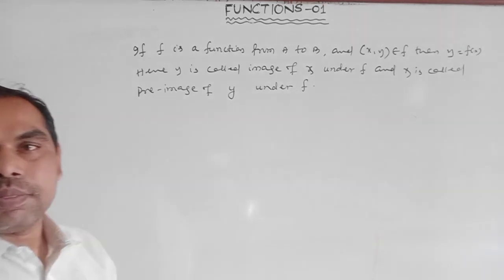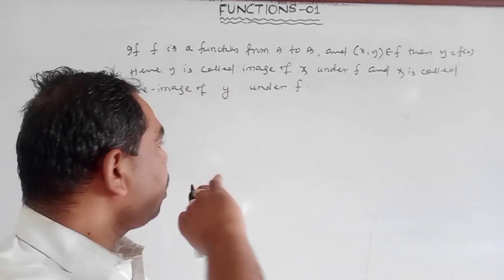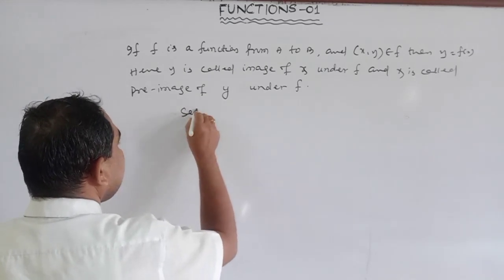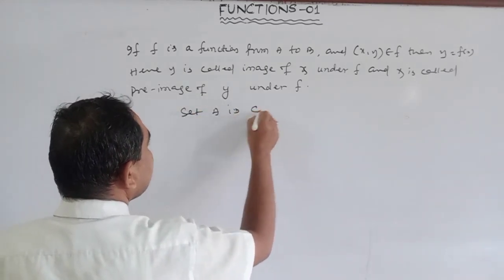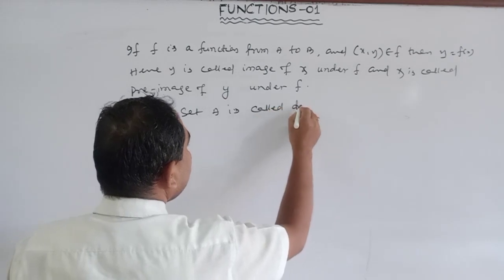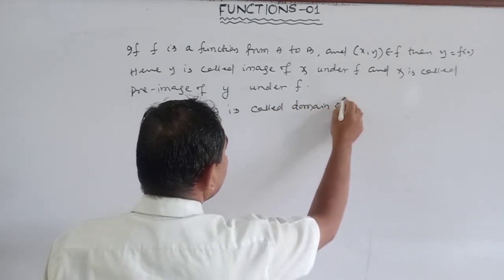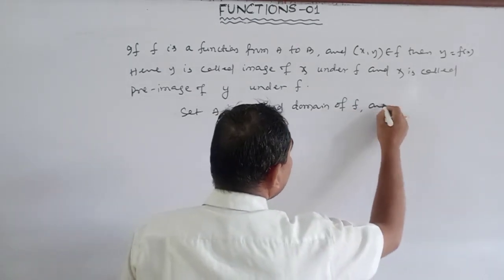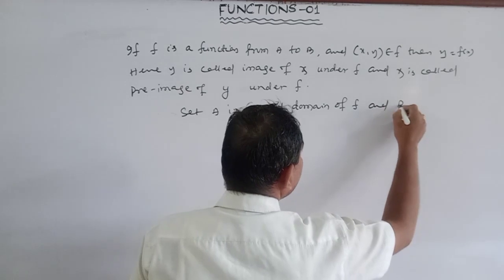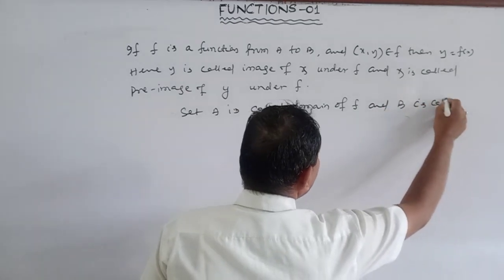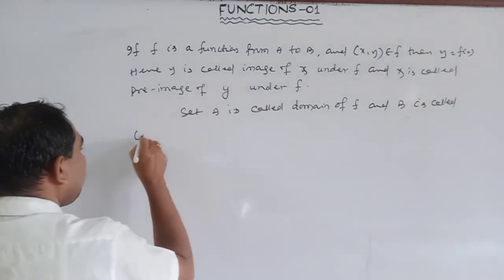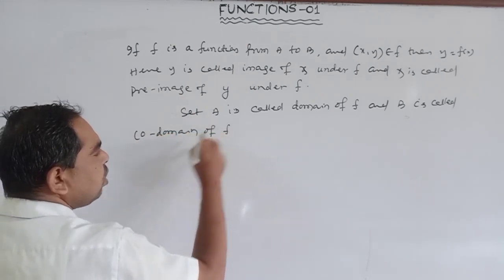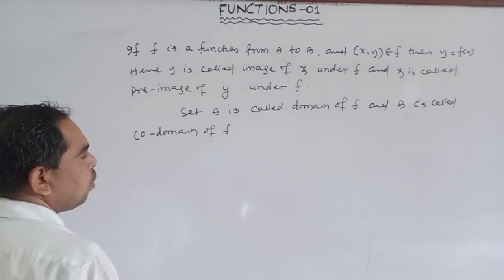Set A is called the domain of f, and B is called the codomain of f.